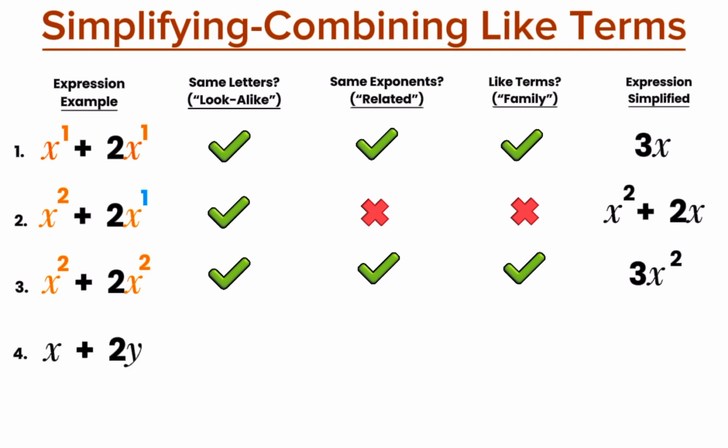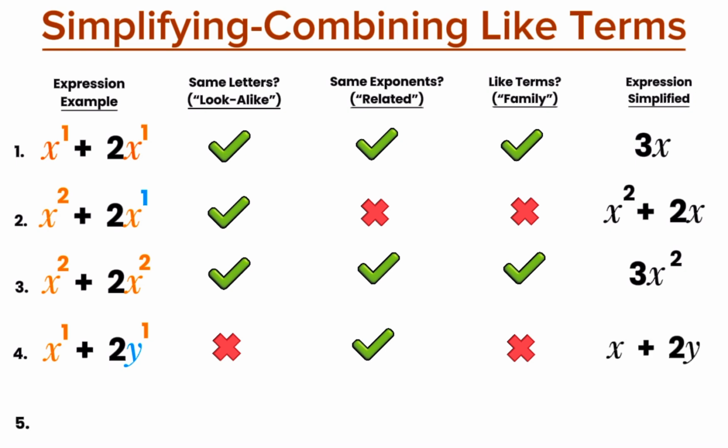This expression, x plus 2y, shows terms that have the same variable exponents of 1, but they have different variable letters. The terms are quote-unquote related by exponents, but in algebra, they must have the same letter to be considered like terms and added. Therefore, x plus 2y simplified stays the same.